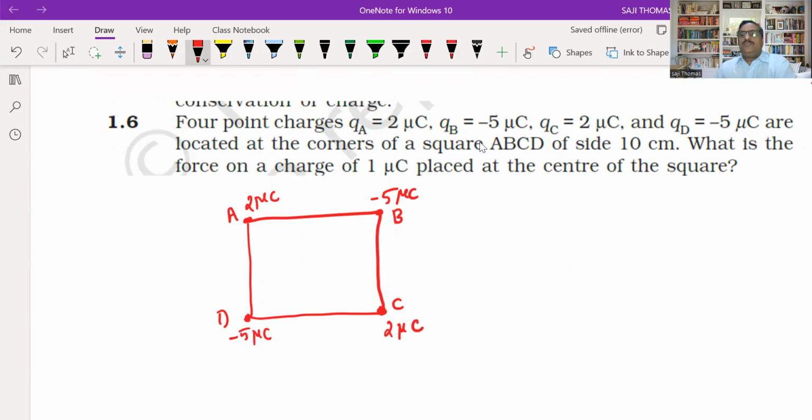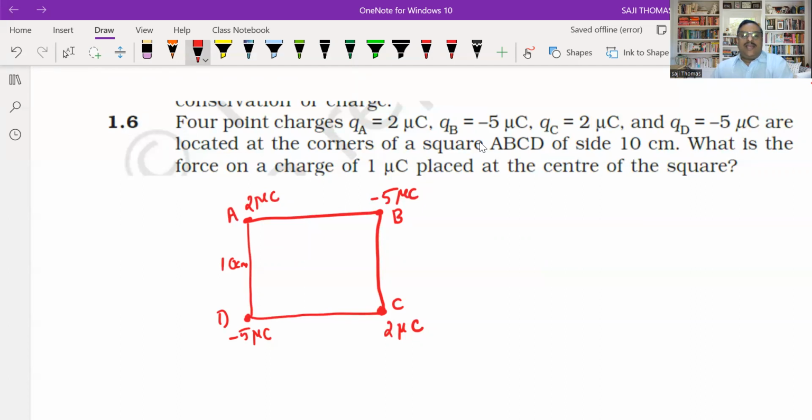So this is a system of 4 charges. The side of the square is 10 centimeter, given. You need to find out the force on 1 microcoulomb placed at the center of the square.